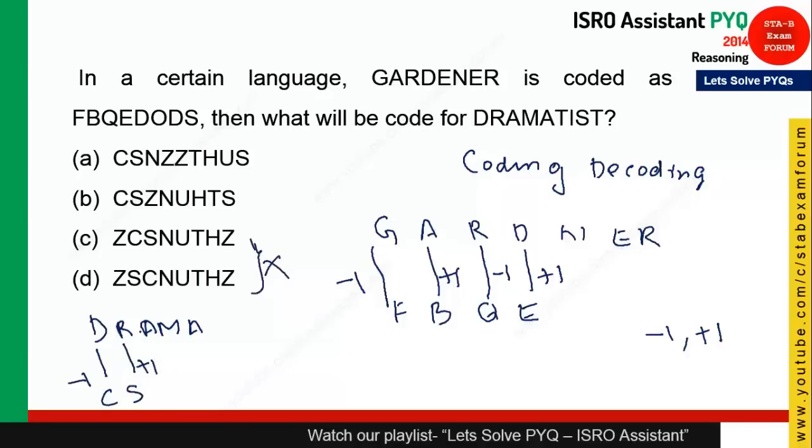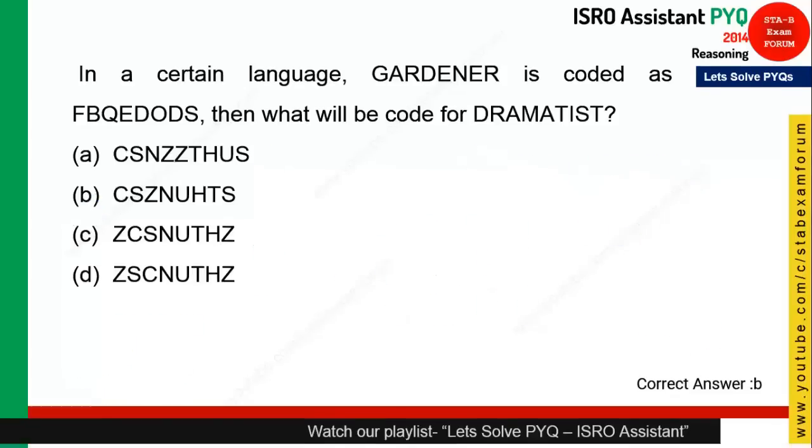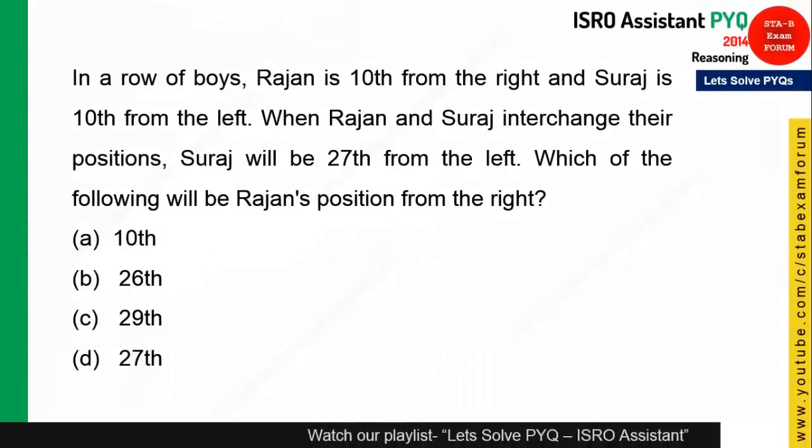Next, what is A? We need to decrement by 1, so we get Z. So again that option is eliminated, so we are left with option B, and option B is the correct answer. You need not go further. So option B is the right answer. Coming to the next question, and your time starts now.